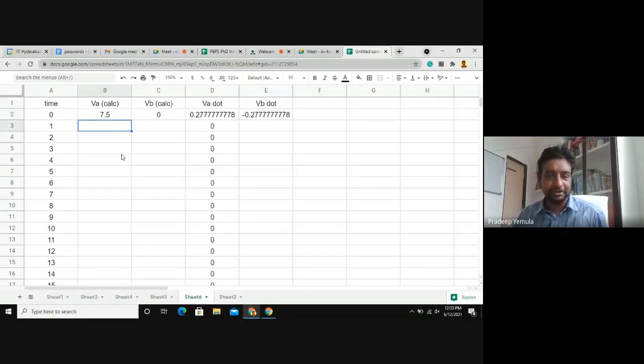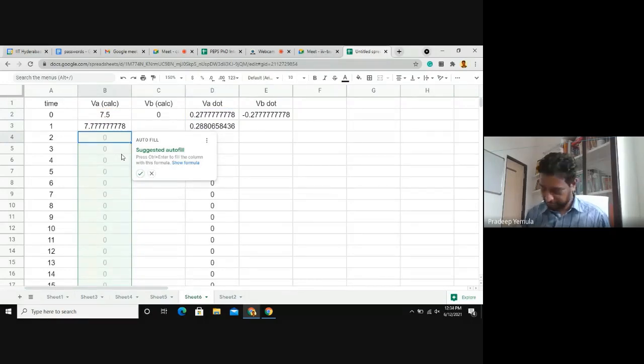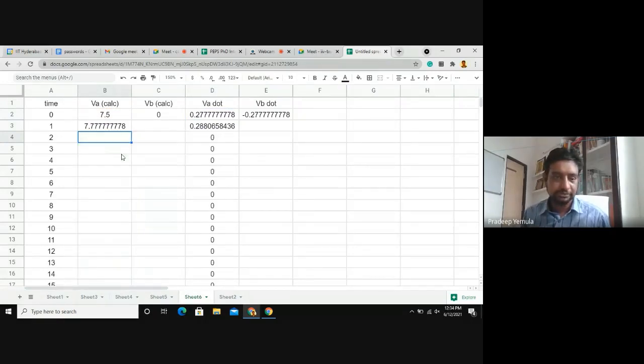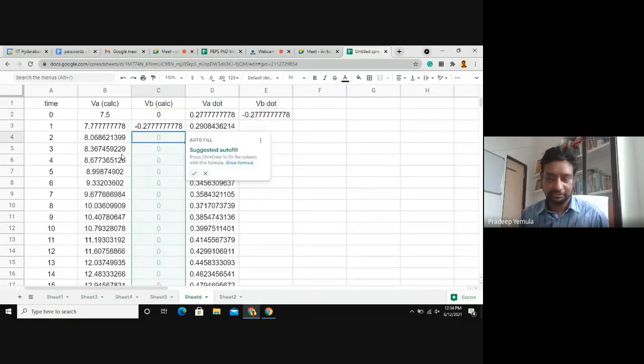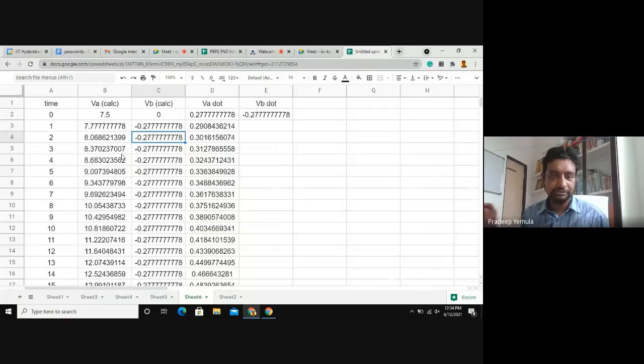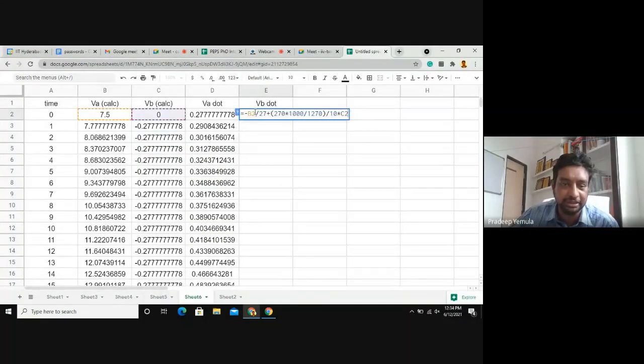Next, the next value of VA will be the previous value of VA plus VA dot, and the next value of VB will be the previous value of VB plus VB dot. Just one last change in the formula, then we'll be done.